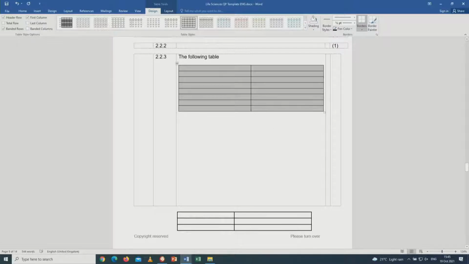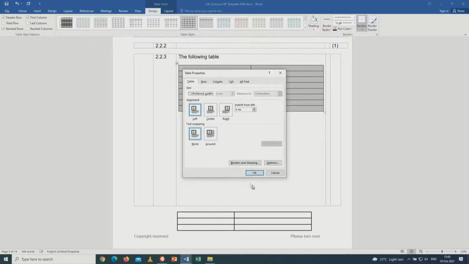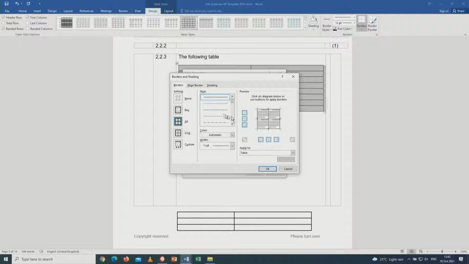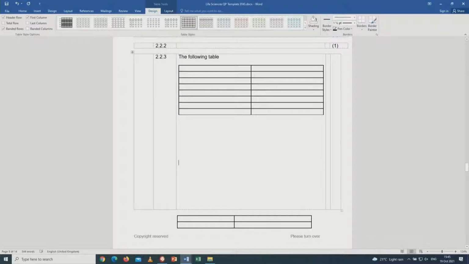So I select the table and right click. I know there are different ways. I go to table properties, I go to borders, and inside borders I can choose another border like 1.5. Here you can take away some of the borders or add, but I want that original table 1.5 thick, and when I press the two OKs, it is like that.